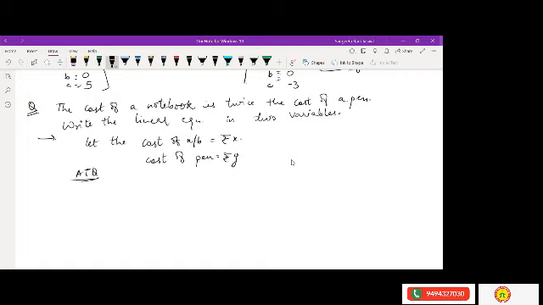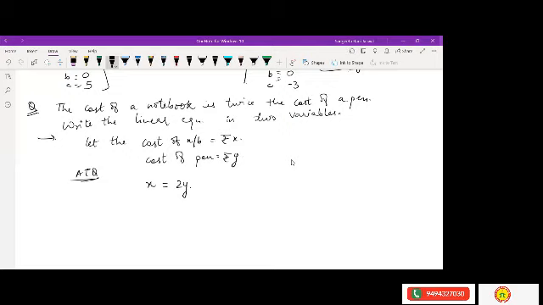So according to the question, the cost of the notebook, that is x, is twice the cost of the pen. So that means x is equal to 2y. Have you understood, children? Yes, ma'am. What about others? Are you understanding? Yes, ma'am.